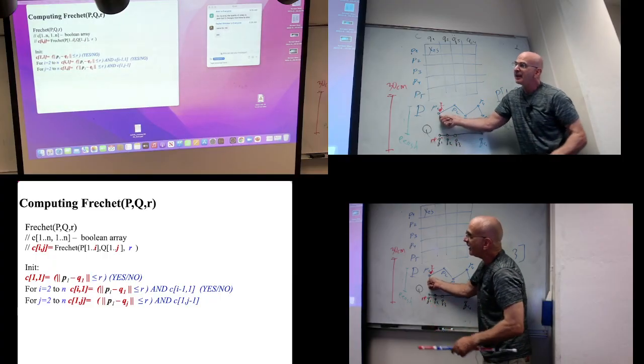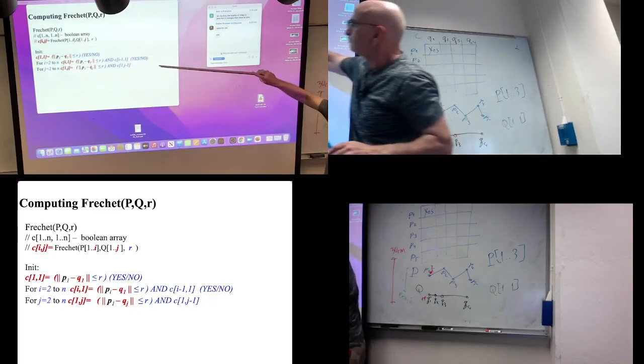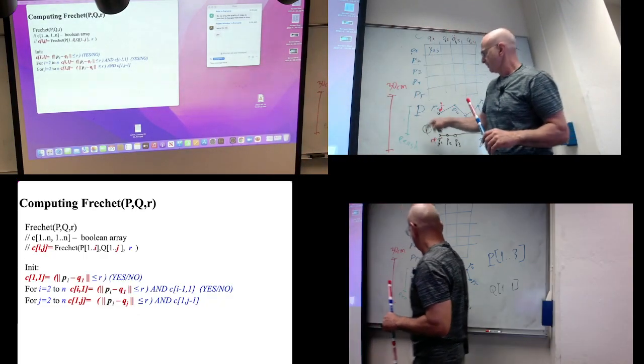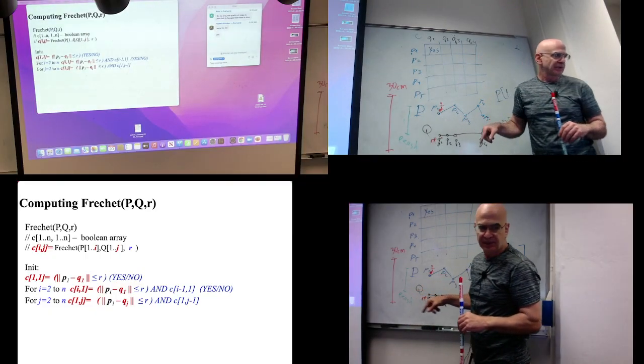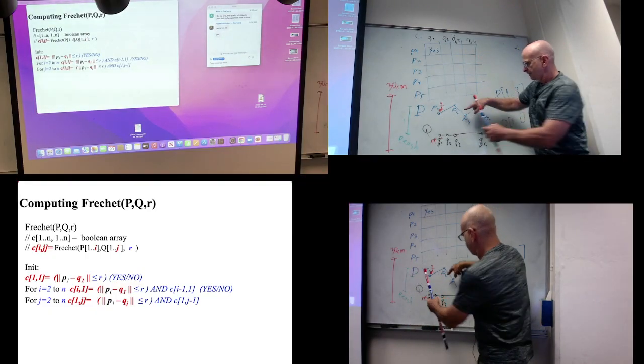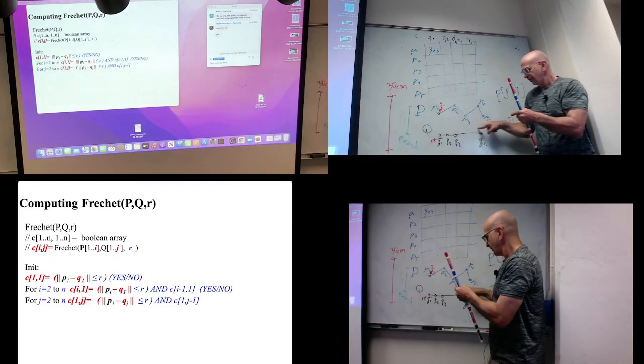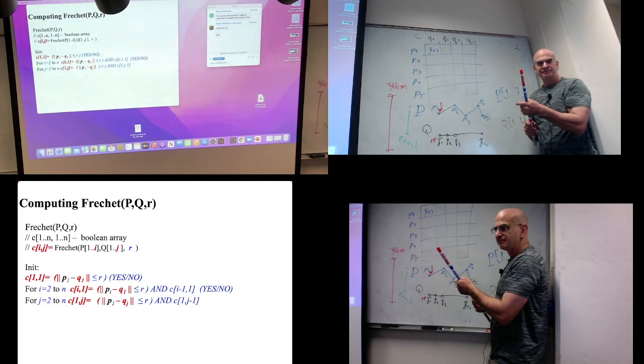What does the i over there tell you? The i tells you that the dog is the one that is allowed to move further and further on its curve.